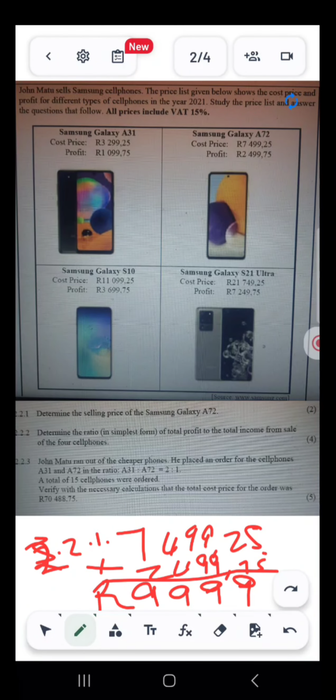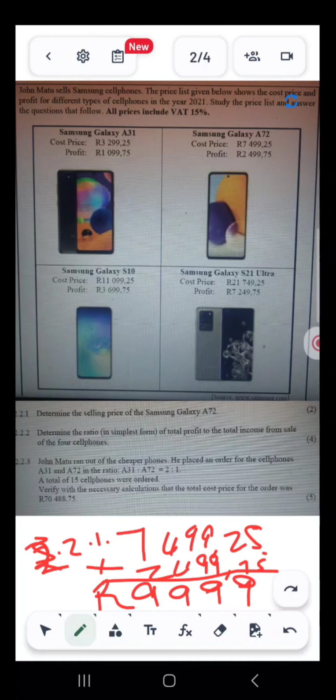Determine the ratio in simplest form of total profit to the total income from sale of the 4 cell phones. So that's to determine the ratio in simplest form.